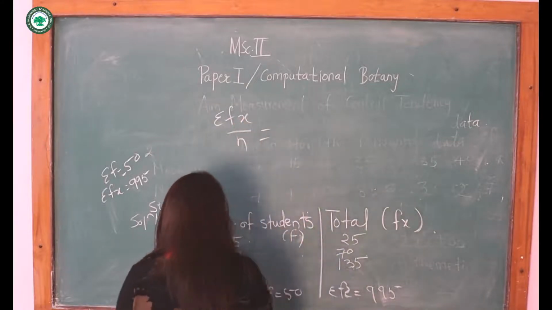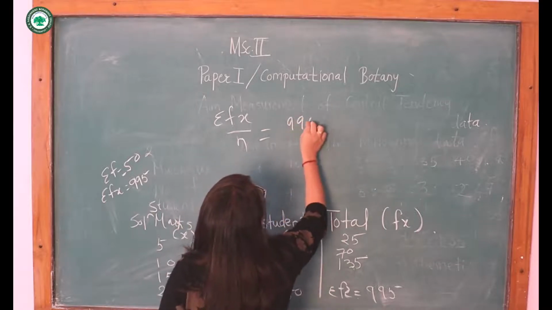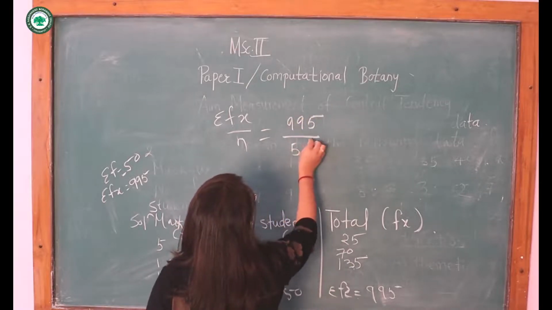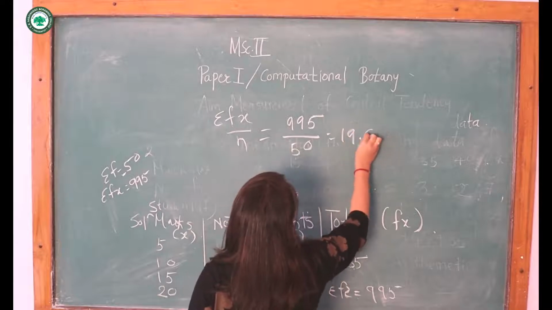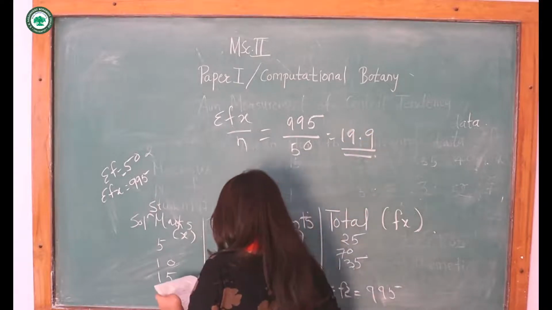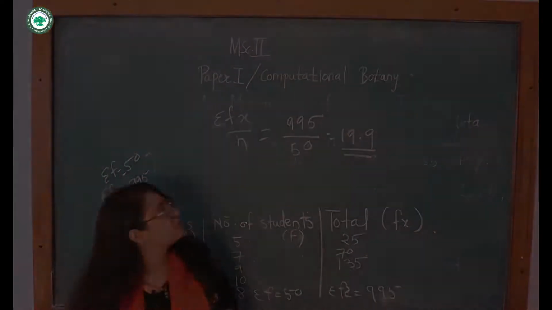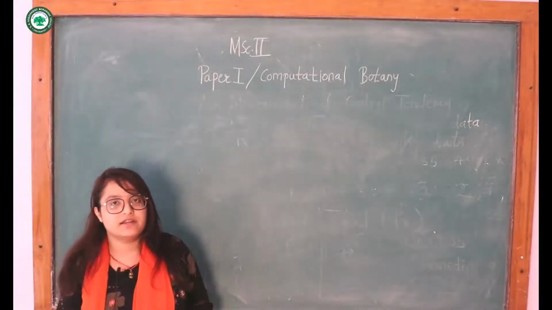Now divide: 995 divided by 50 is equal to 19.9, which is the mean of the data. Then next we will see median.